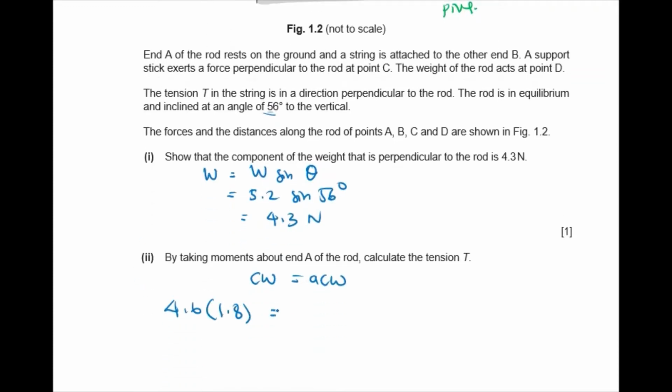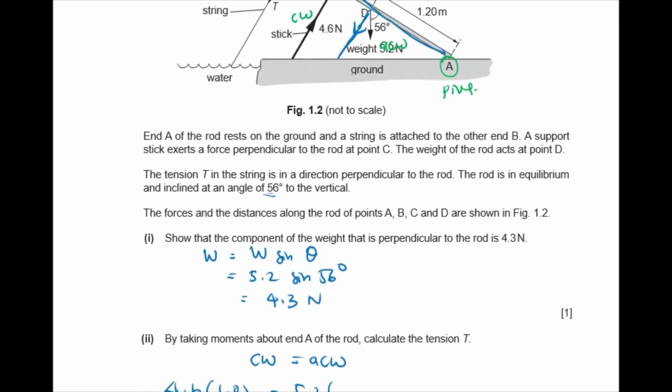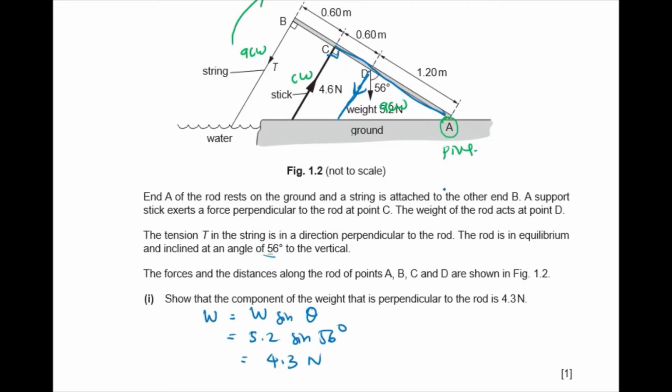1.8 equals the anti-clockwise, which is weight times perpendicular distance here.